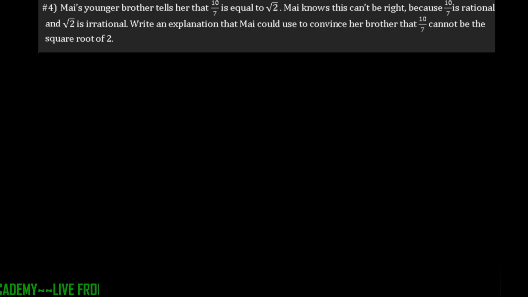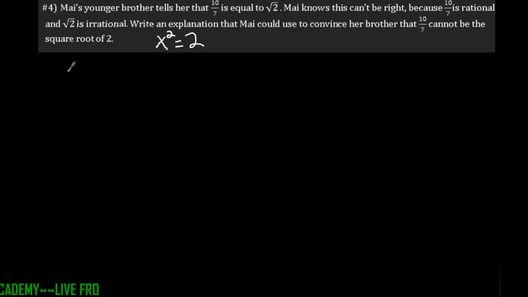So we can say, well, when we are thinking about the square root of 2, we would have to say that we're looking for a solution of this. We're saying x squared equals 2. So whatever our solution is, our x is going to be that square root of 2.